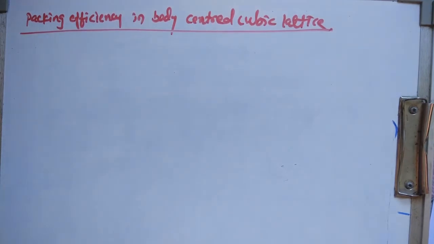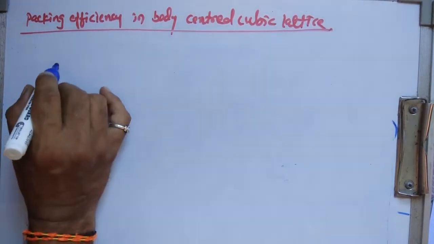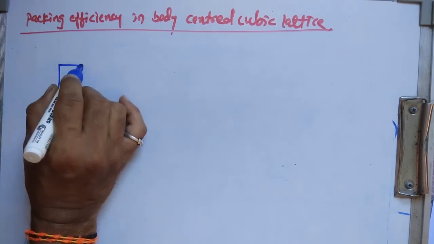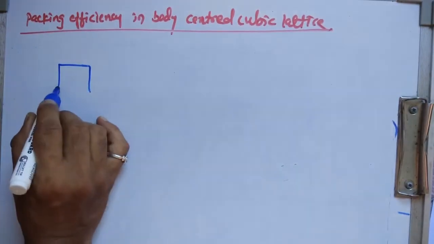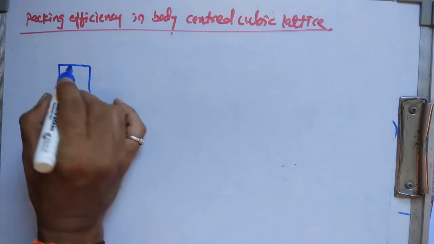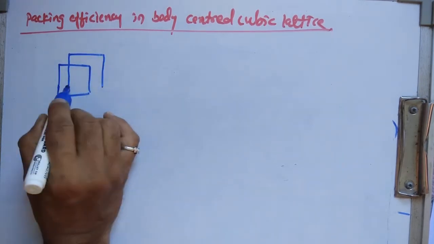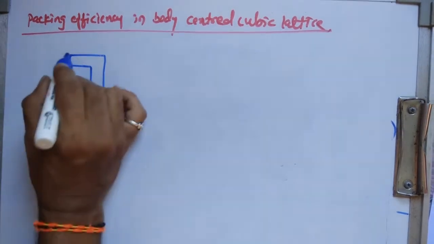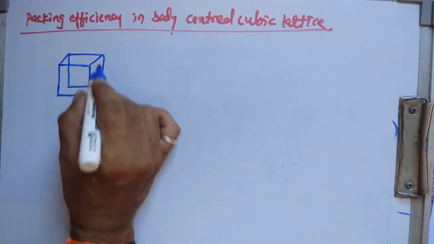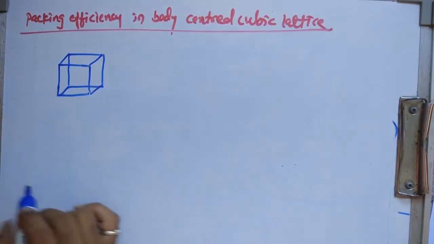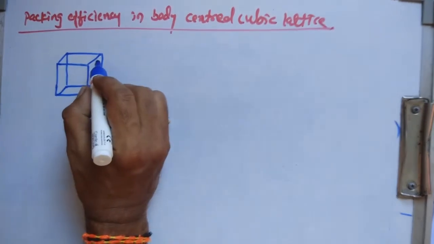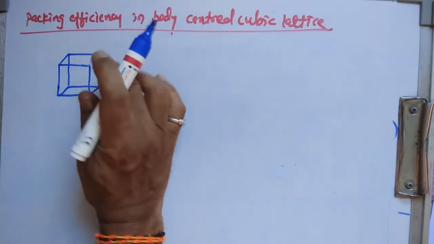Now let's draw the diagram this way. So this is the cube.